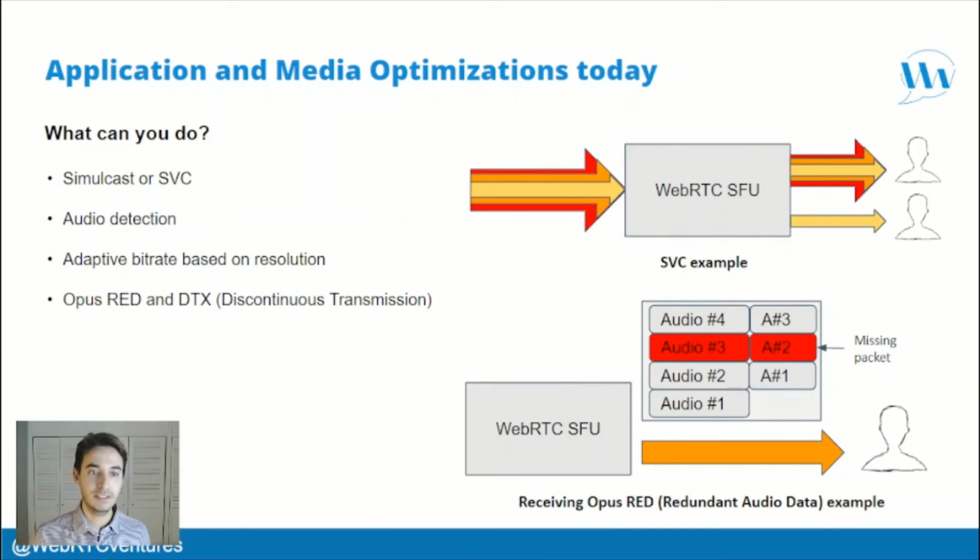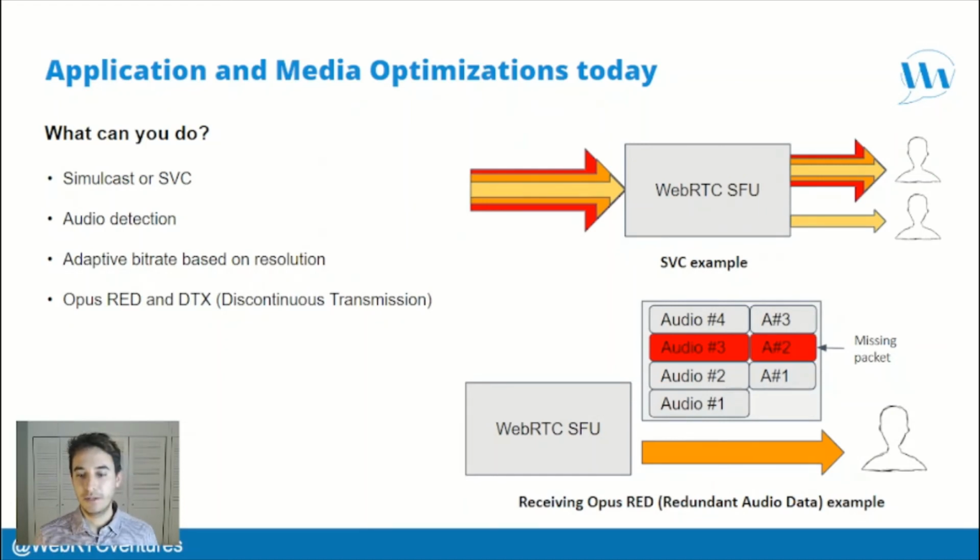And if we still need video, sometimes we might not need to see all the videos at the same time, so we can just use audio detection to show a specific main speaker and be able to scale to much larger audiences.